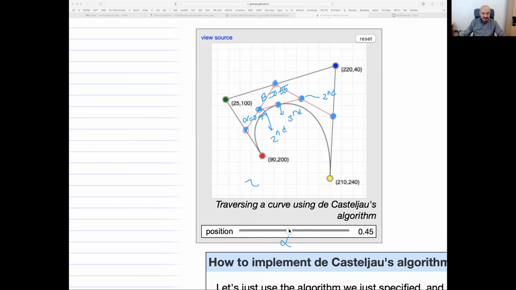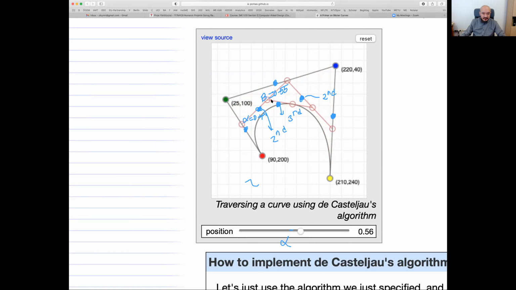Now we can see that if I increase it, oops, let me stop annotating. You can see how, since it's a cubic one, this point at the center is important for us, it is drawing the cubic spline. You can see when this alpha is equal to 1, it should end at the yellow end point.